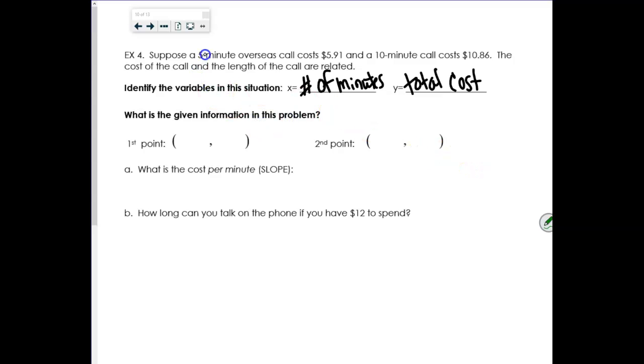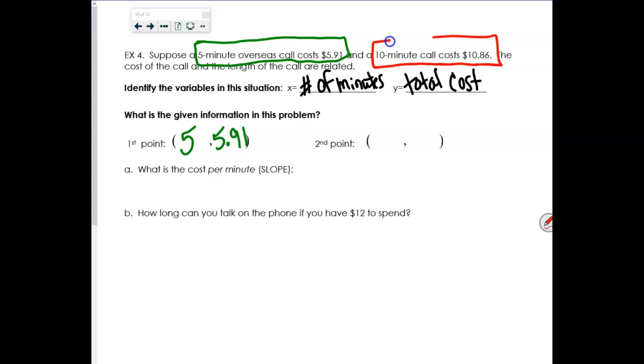So I don't know about you, but I'm seeing two ordered pairs. Here's the first one. A 5-minute call is going to cost me $5.91. You talk real fast with Mom. All right, and then a 10-minute call is going to cost you $10.86. So we have two ordered pairs.